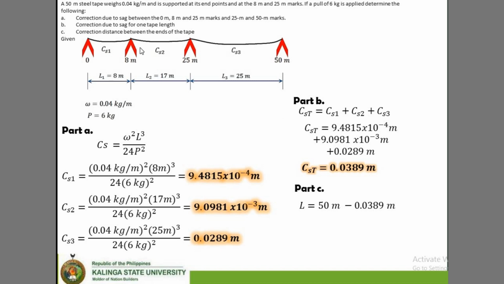As you can see there, the tape sagged. Our tape is too long, so we have to subtract the correction due to sag. Now, when we say correction due to sag, take note, you have to subtract the correction from the tape length. Okay? So, for part C, the corrected distance between the ends of the tape is equal to 49.9611 meters.